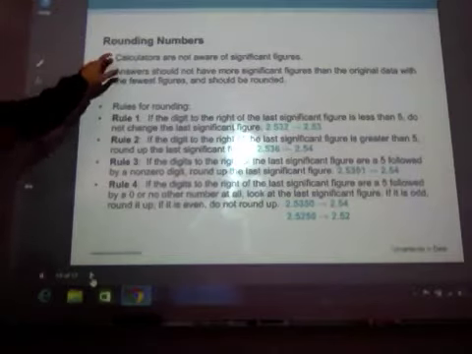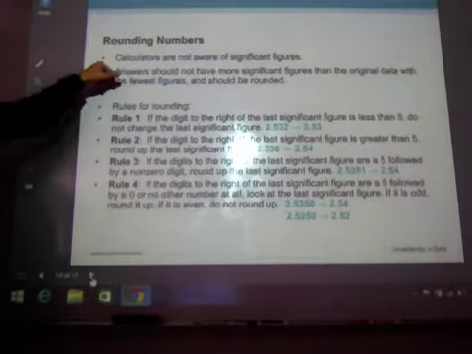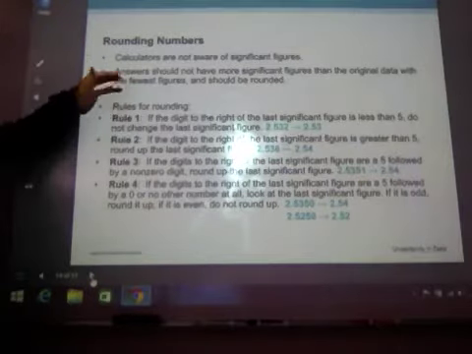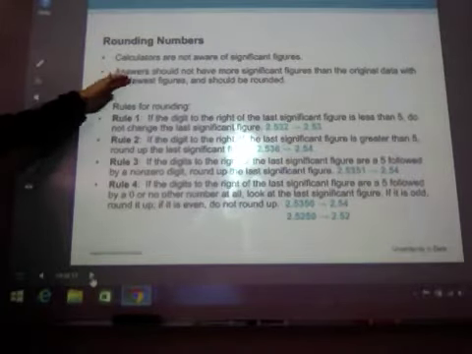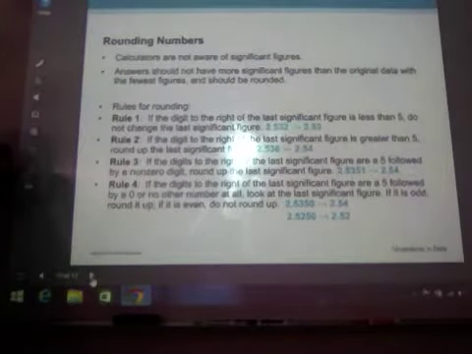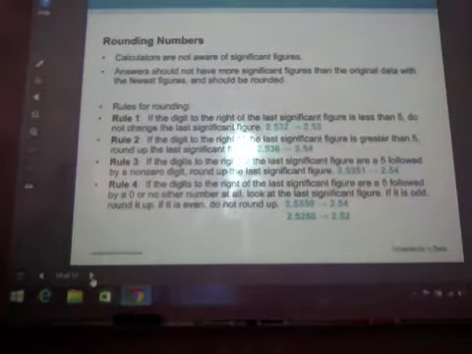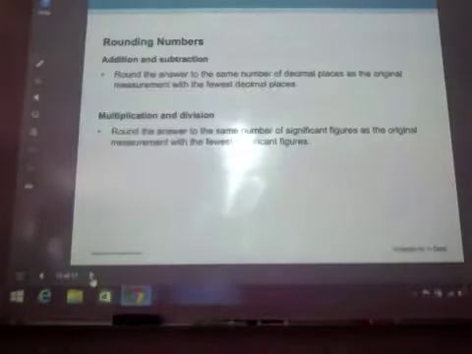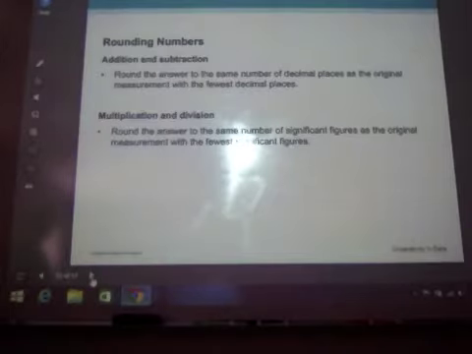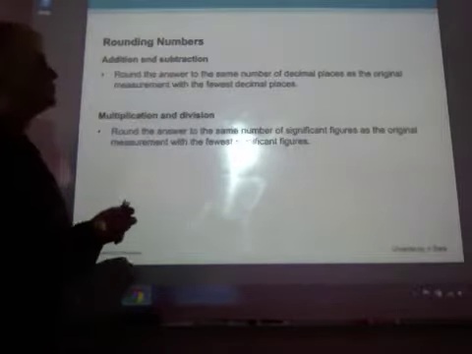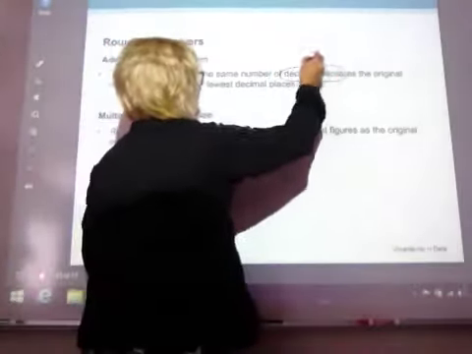Calculators have no idea about significant figures. So you'll calculate stuff and then you're going to have to look at it and see how it should be rounded. It gives you rules for rounding. You can go back and look at that. I'm going to give you some abbreviated examples. For addition and subtraction, you look at decimal places.